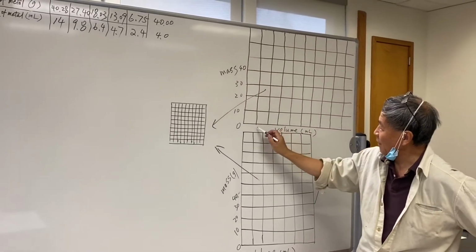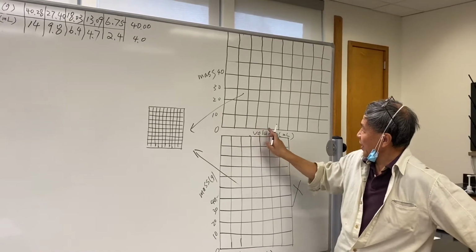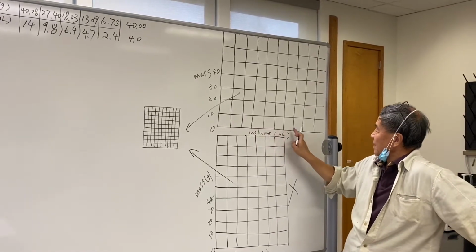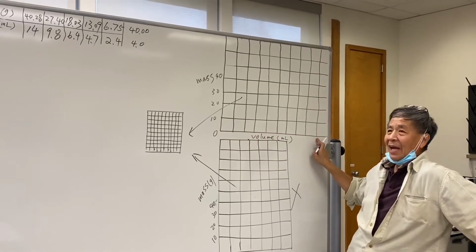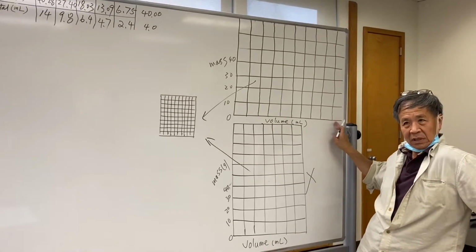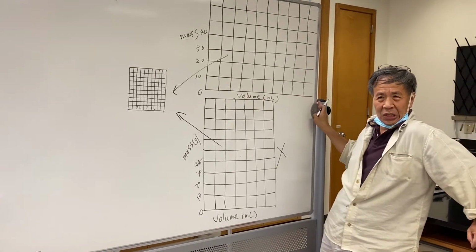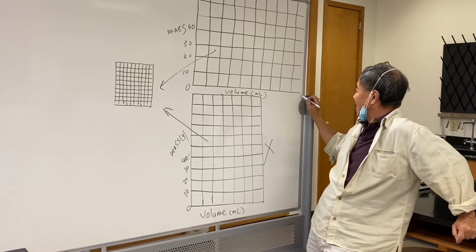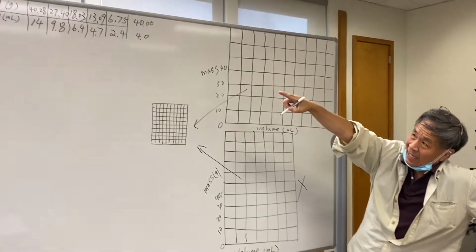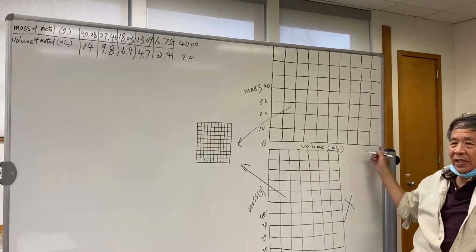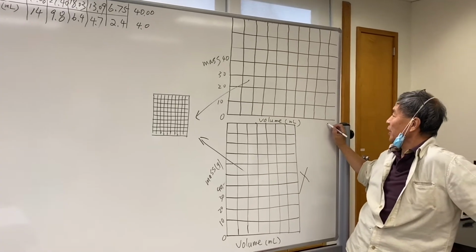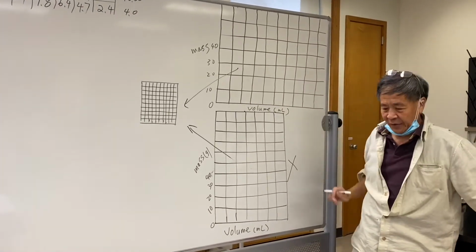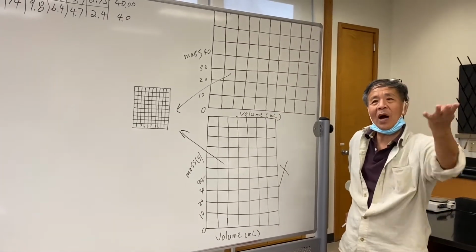Well, if we have 1, 2, 3, 4, 5, 6, 7, 8, 9, still, we ended with a 10, not 14. So this is also no good for us. Now we have a problem.